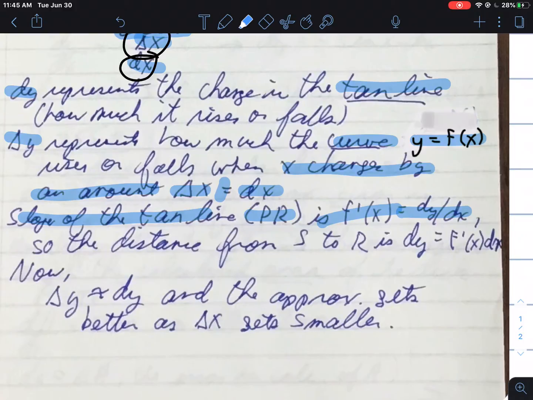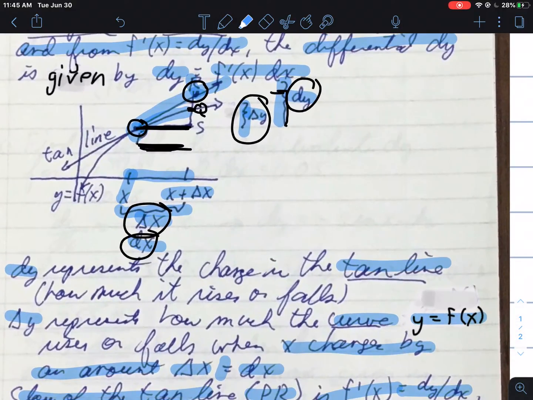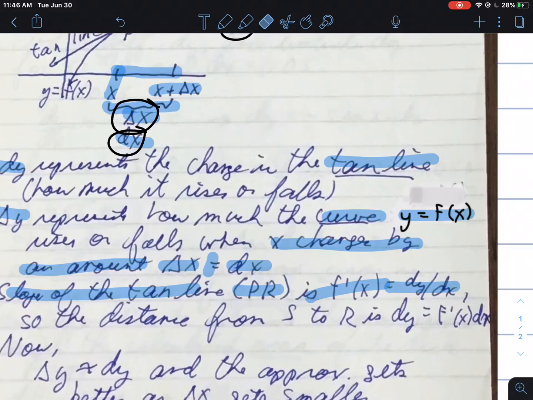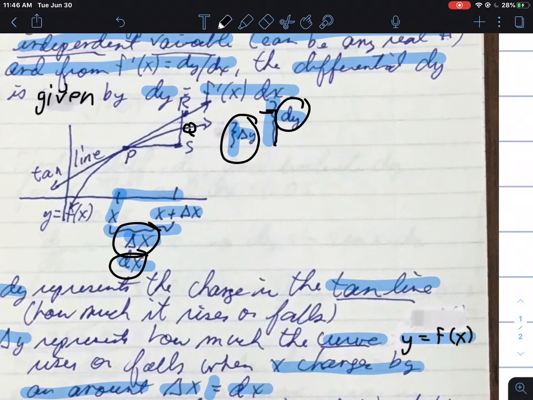So then the distance from S to R in our diagram, that was the dy. Let me get rid of some of this mess out of my way. All right. So when we talk about the distance from S to R, that vertical distance here, that's the change in the y coordinates of our tan line, right?